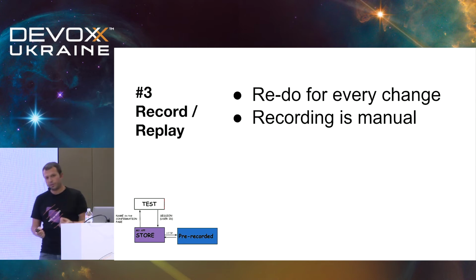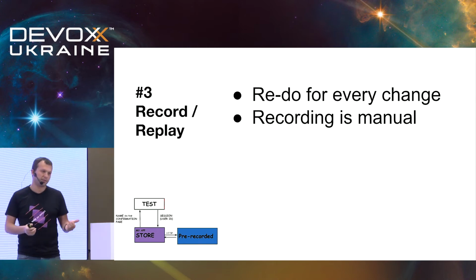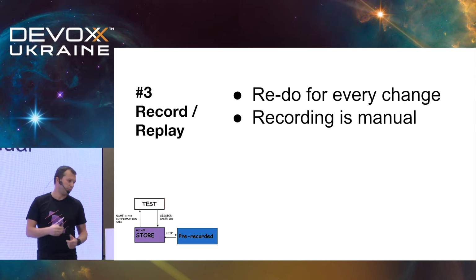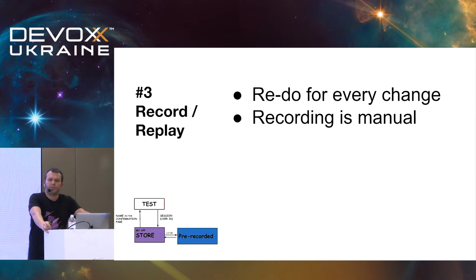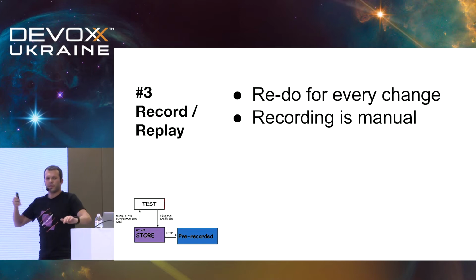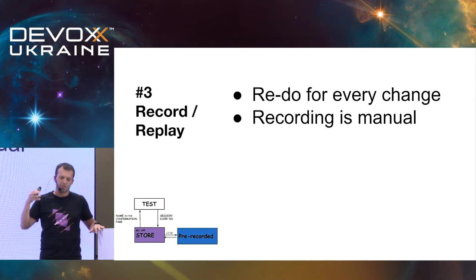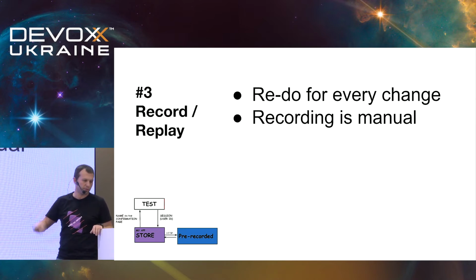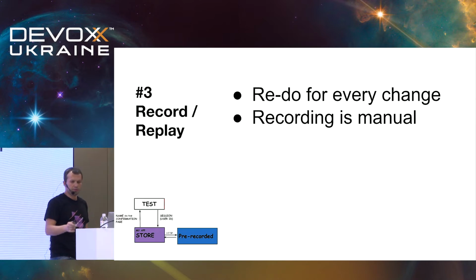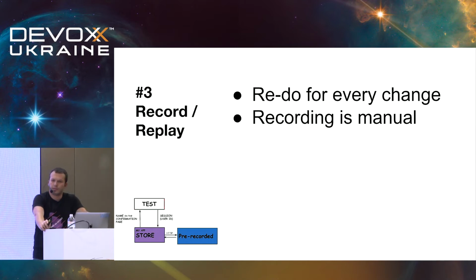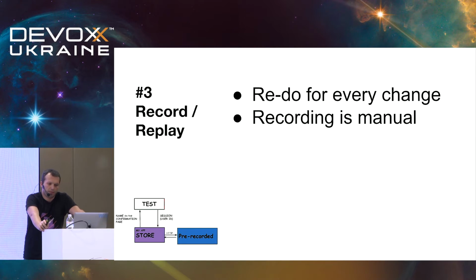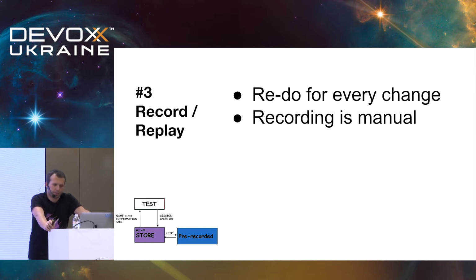Remember, this recording is manual, and developers don't like manual stuff. We want everything to be automated. Of course, if you have 5 tests or 2 tests, it's much easier to record and replay than handwrite these fakes or mocks. But if you have 200 tests, now it's a real pain to re-record all this stuff and do the changes.